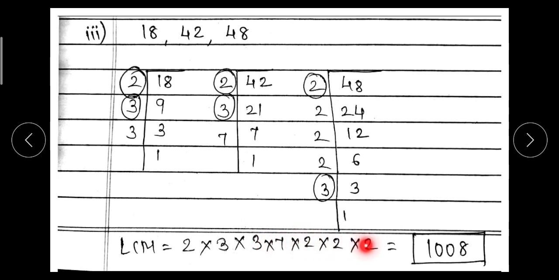These are uncommon factors. So LCM is 2 multiply by 3 multiply by 3 multiply by 7 multiply by 2 multiply by 2 multiply by 2 is 1008. Clear? Write down this answer.